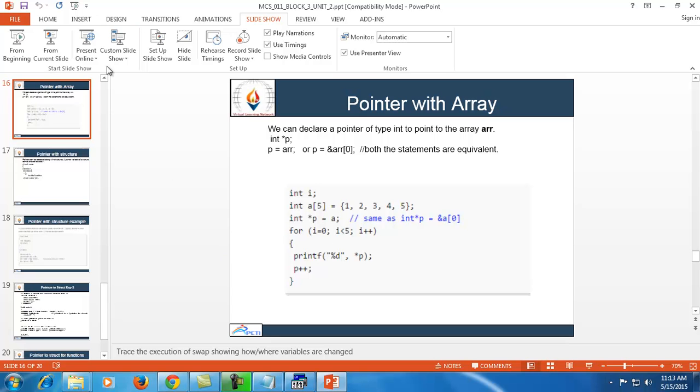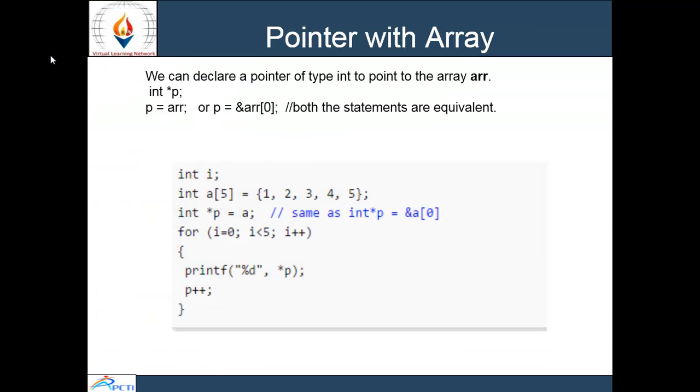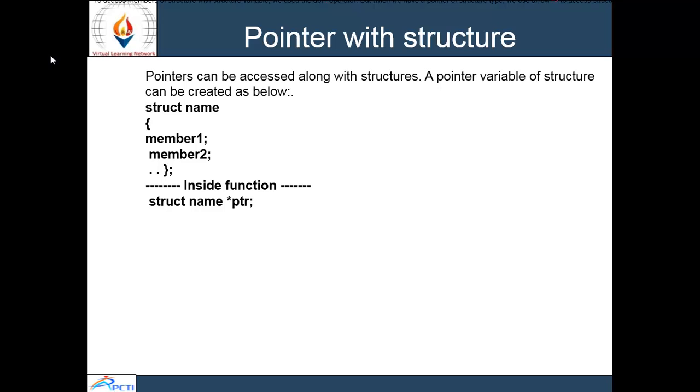Next, we'll move to structures. Pointers can be accessed along with structures. A pointer variable of structure can be declared as below. Here, struct is the keyword and name is the name of the structure, declaring members like member 1, member 2.